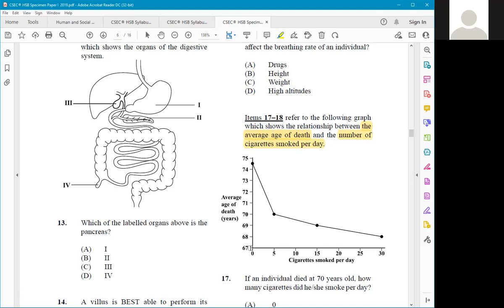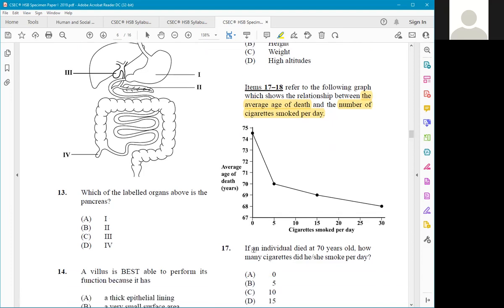We notice that the people who smoke 0 cigarettes, the average age of their death is between 74 and 75, while the persons who smoke 30 cigarettes per day, their average age at death is between 68 and 69. So we get that clear in our mind before we look at the question to confuse us.